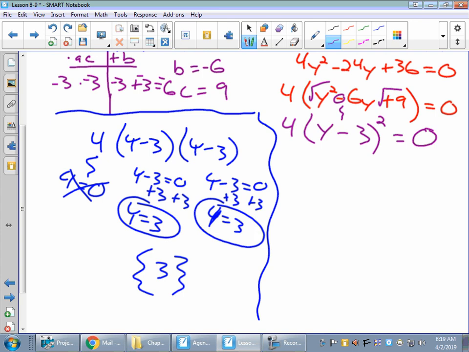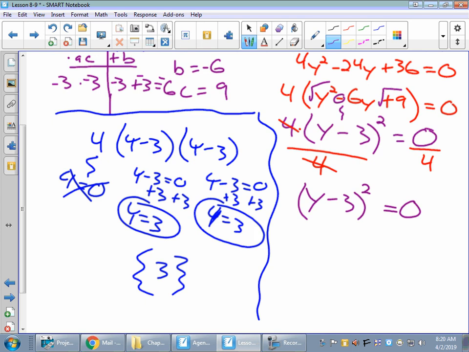Well, if we solve things, a lot of times we're going to divide. It's basically 4 times y minus 3. So if I divide by 4, that's going to cancel those out. Remember, you have to divide on both sides. So that would give me 0 divided by 4, and I'd be left with y minus 3 squared equals 0.